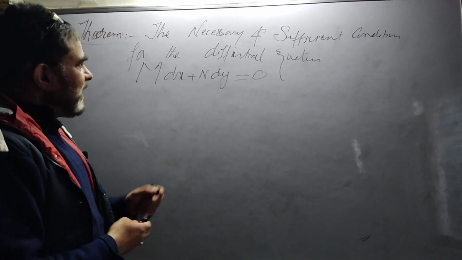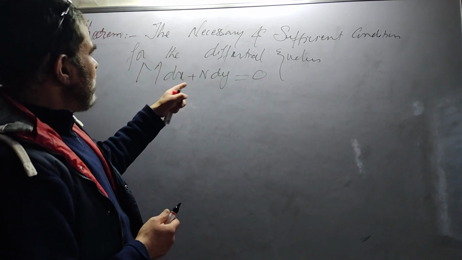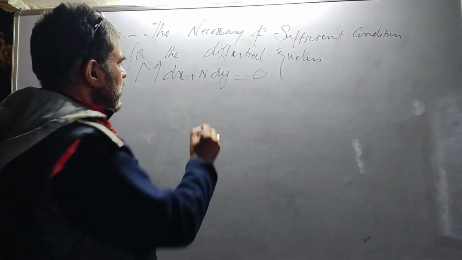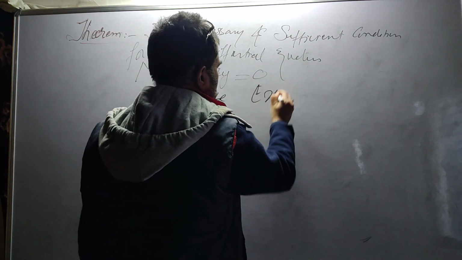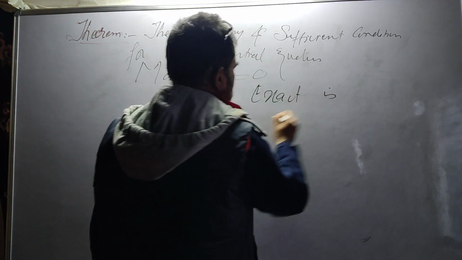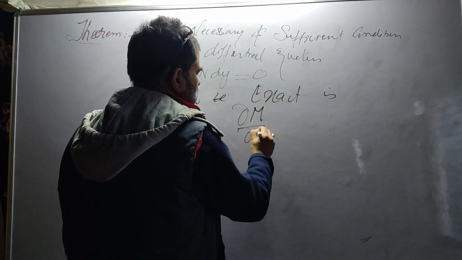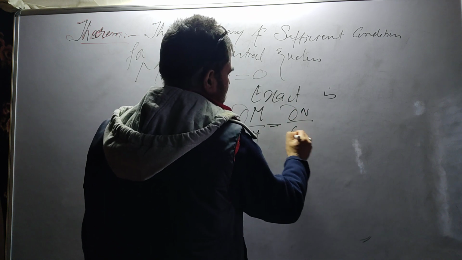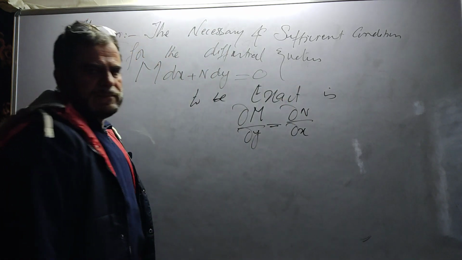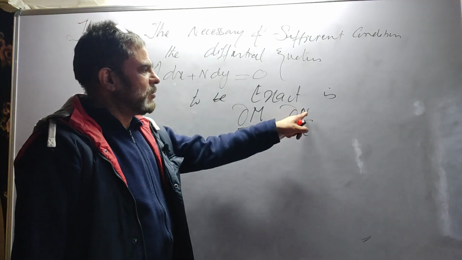You see, the necessary and sufficient condition for the differential equation M dx plus N dy equal to 0 to be exact is that the partial derivative of M with respect to y must coincide with the partial derivative of N with respect to x.